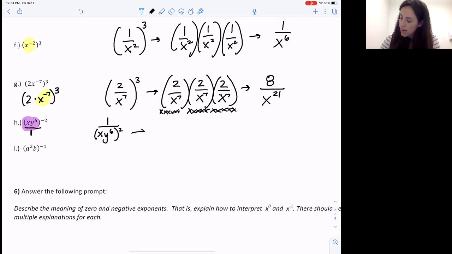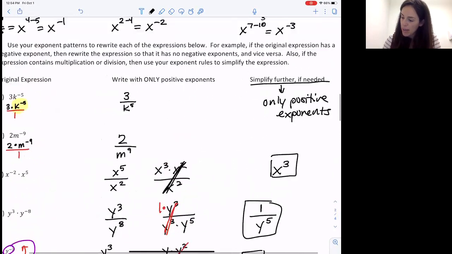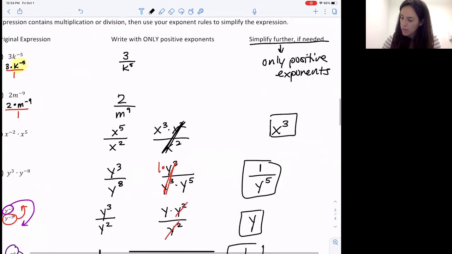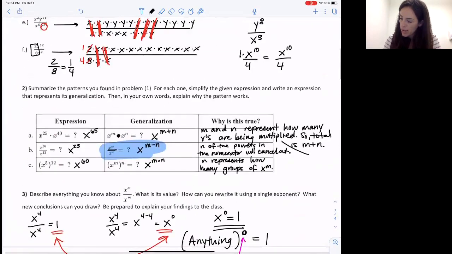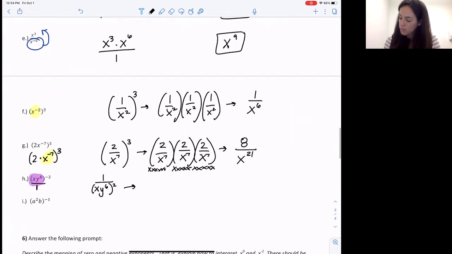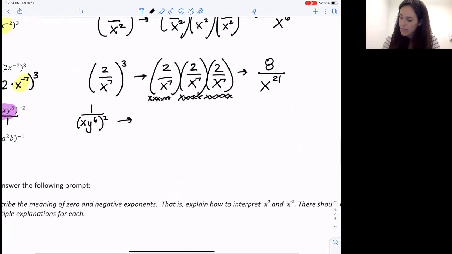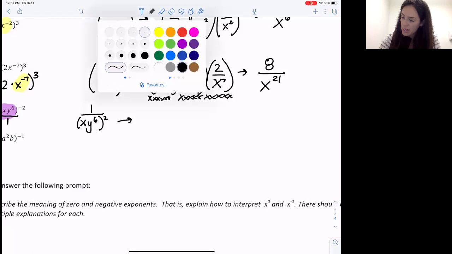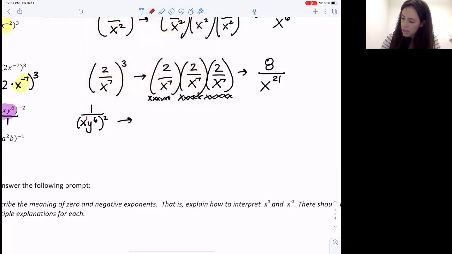Then I know, based on my nice little pattern that we talked about up here, that what I can do is think of this as 2 groups of x to the 1 and 2 groups of y to the 6th.